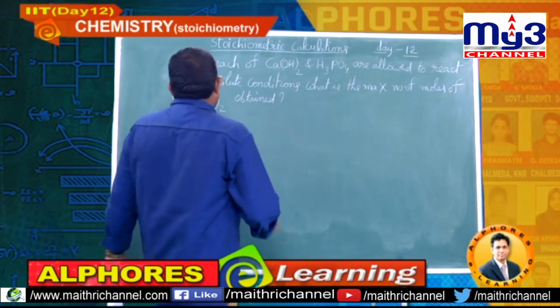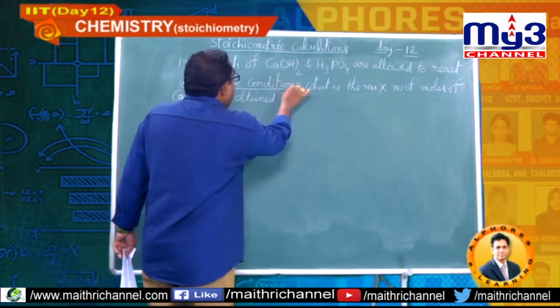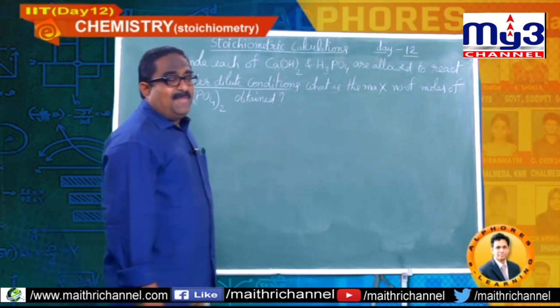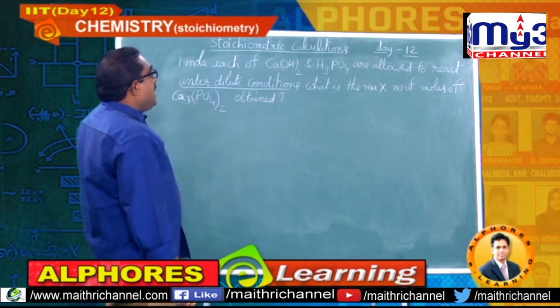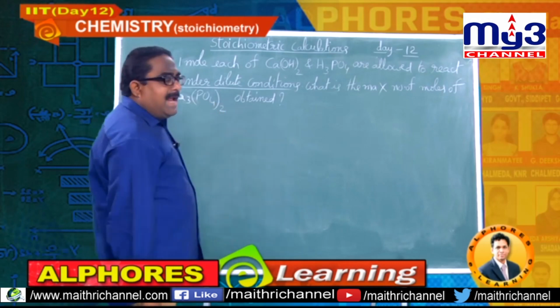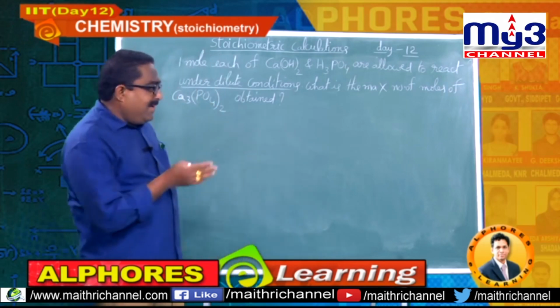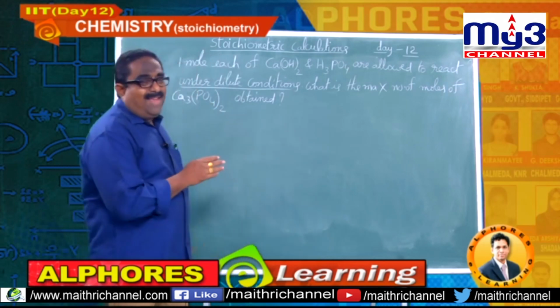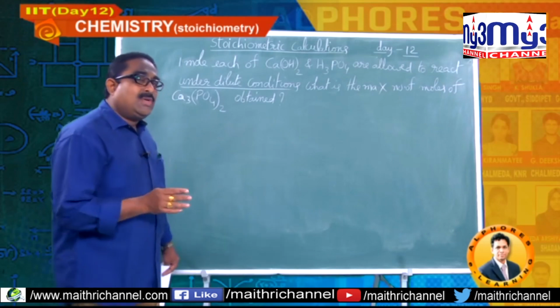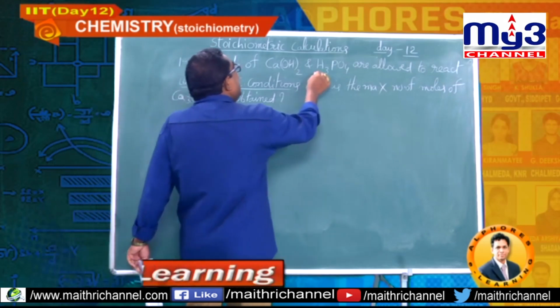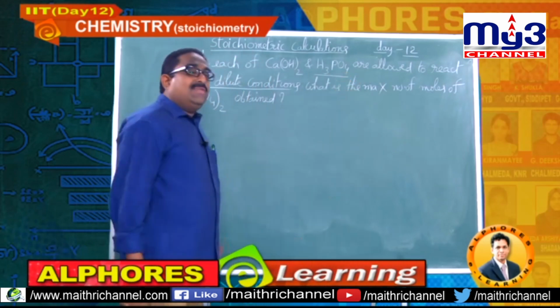And he has mentioned especially under dilute conditions. In the previous question, he did not mention that. There is a small difference between the previous question and this one. In the previous question, he has used sulfuric acid, which is a strong acid, and in this particular question he has used a weak acid.